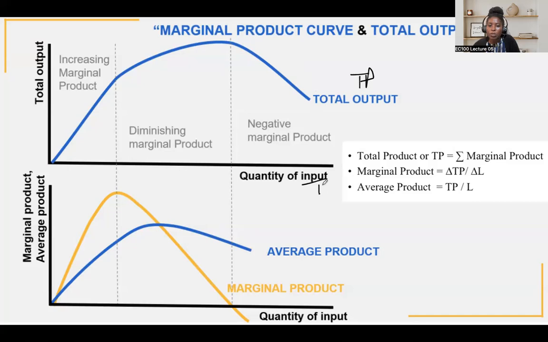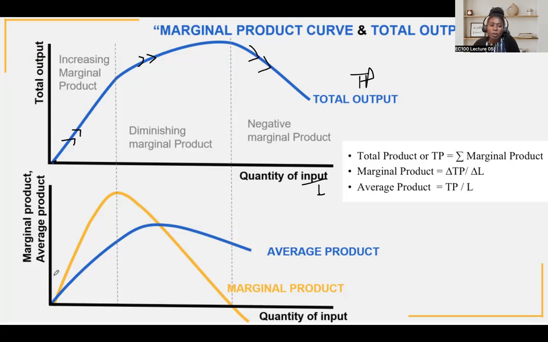It could be capital, it could be labor, whichever is changing. As a company hires more laborers, total output will first increase, and then it will continue to increase but at a decreasing rate, and then it starts falling.